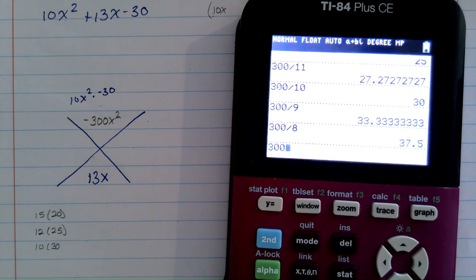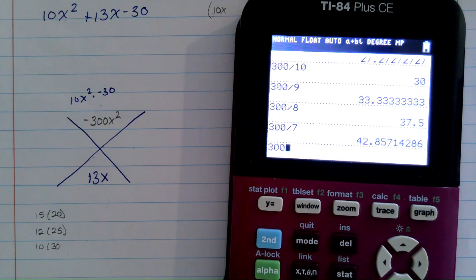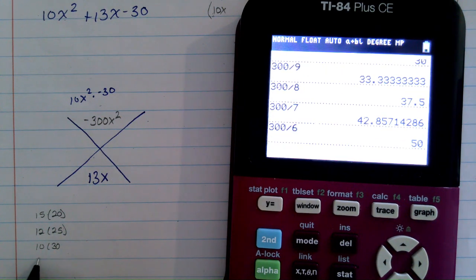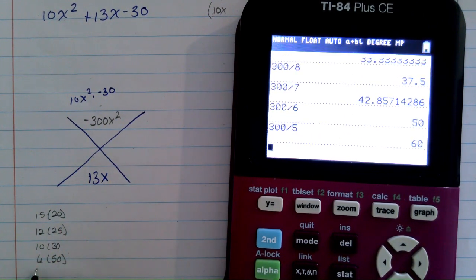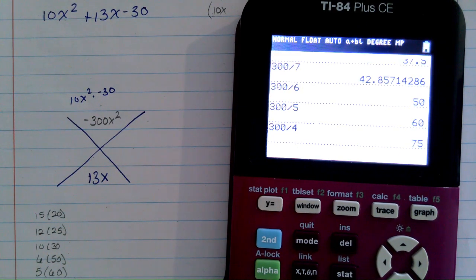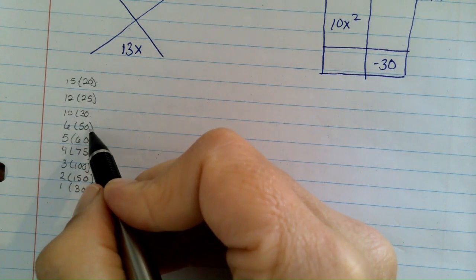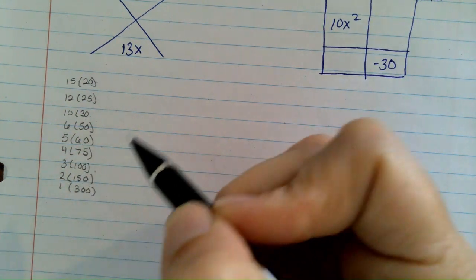I'm not using that because that's not a perfect integer. 6 and 50. 5 and 60. 4 and 75. We know 3 and 100. 2 and 150, and obviously 1 and 300. Okay, so that gave us 1, 2, 3, 4, 5, 6, 7, 8, 9 options.